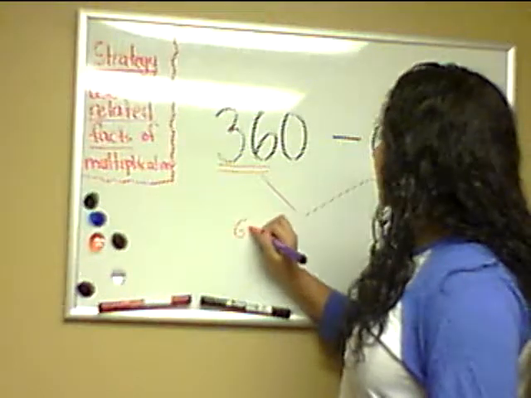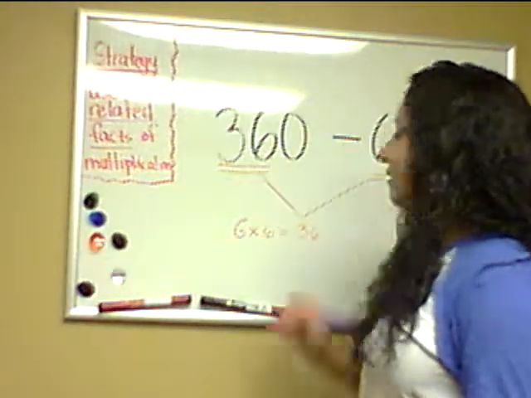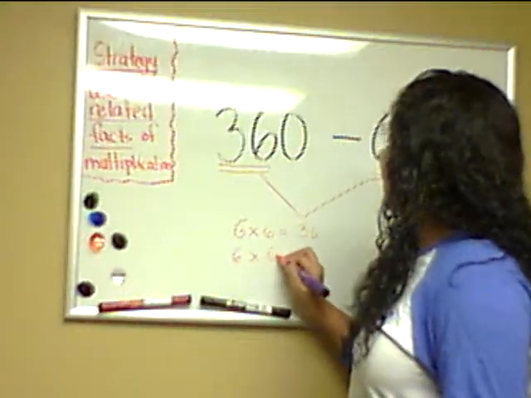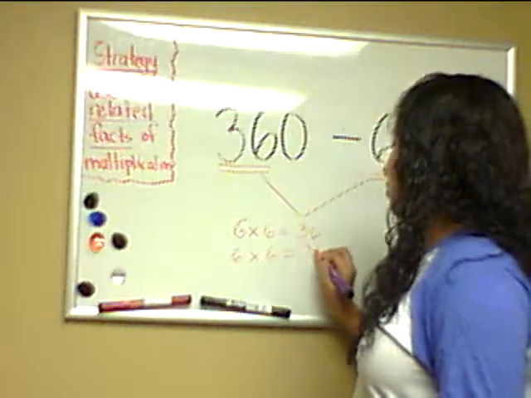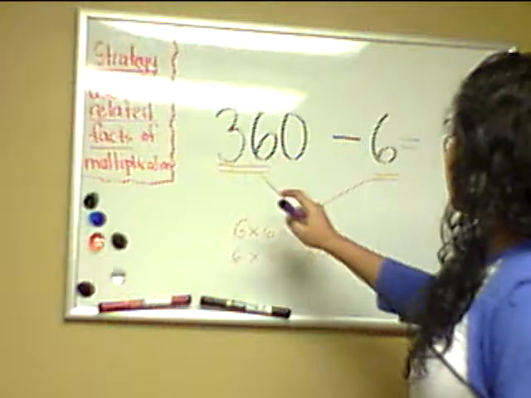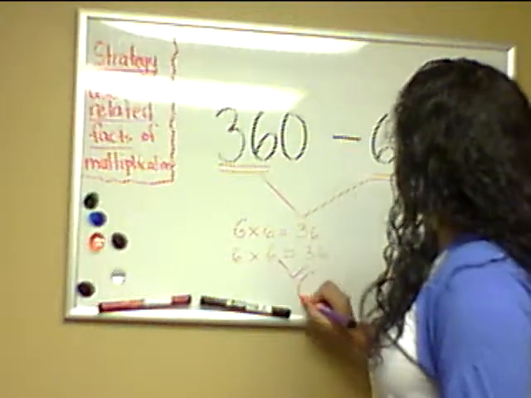Well, I know that 6 times 6 equals 36. I also know that 6 times 6, if I turn it around, equals 36. So, in other words, 36 divided by 6 is going to equal 6.